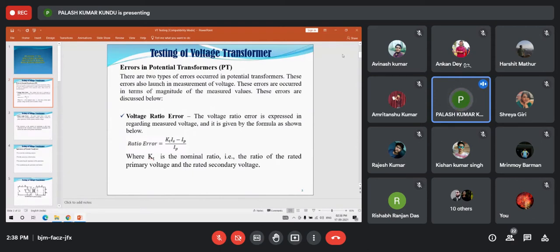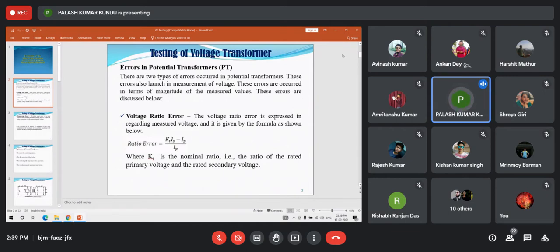Error arises because it is an electromagnetic circuit, so the multiplying factor, that is how the input voltage will be reduced to an output voltage of lesser amount, is not a constant. That will depend on the different voltage levels applied at the input, which results in the ratio error.